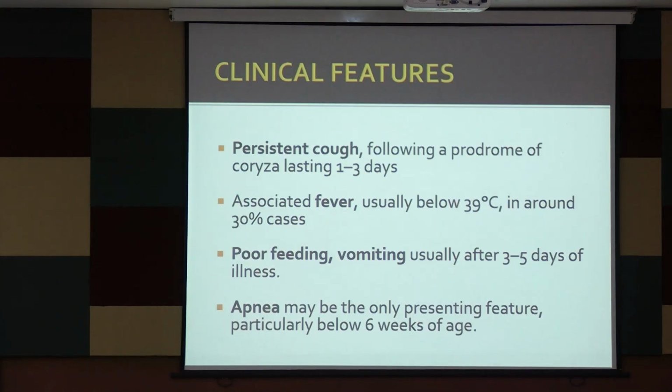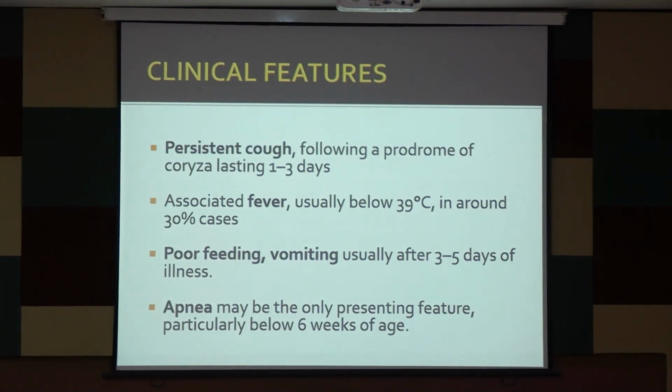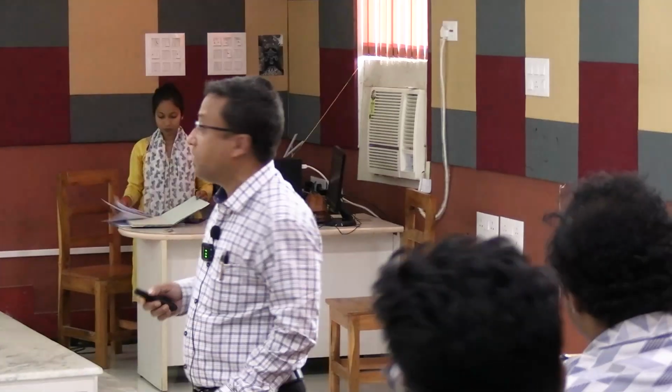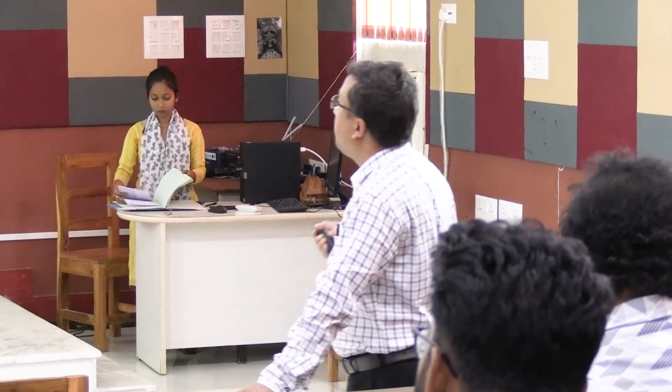Next, coming to the clinical picture, how does a bronchiolitis baby present? The most common age group is 3 to 6 months of age. It can happen up to 2 years of age. Usually the baby comes with persistent cough, following a prodrome of coryza for 1 to 3 days.